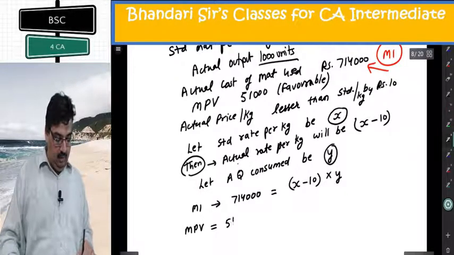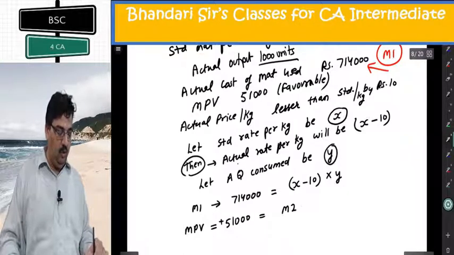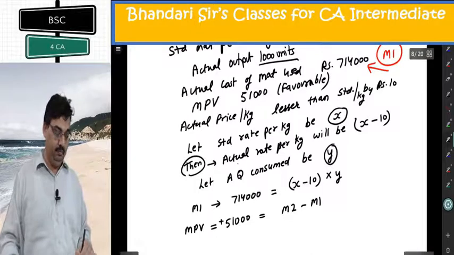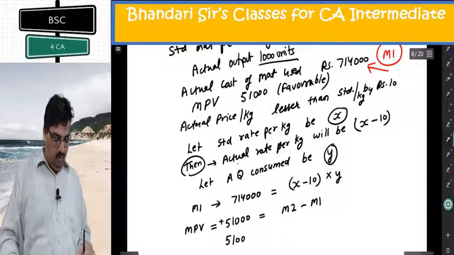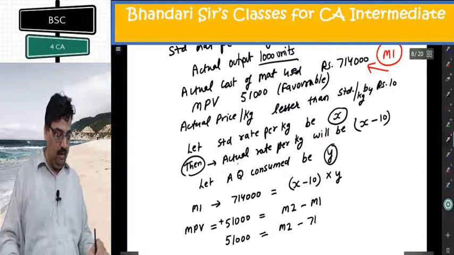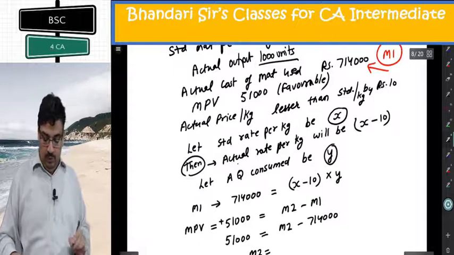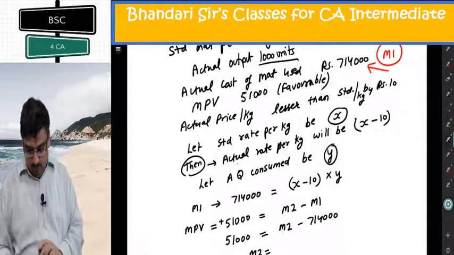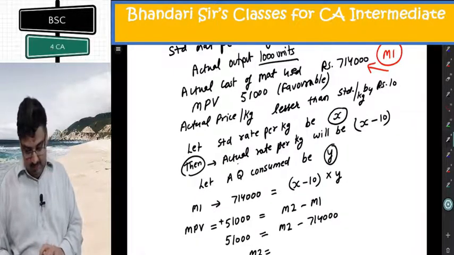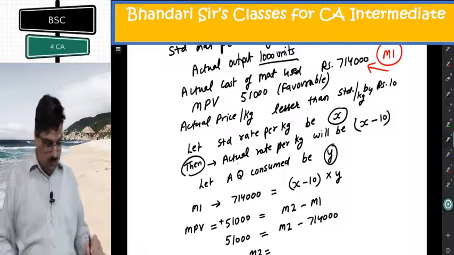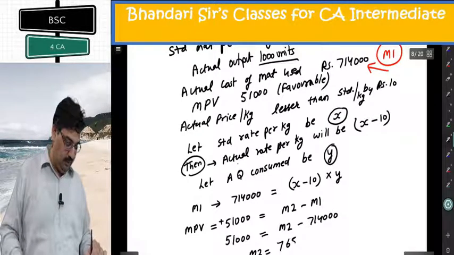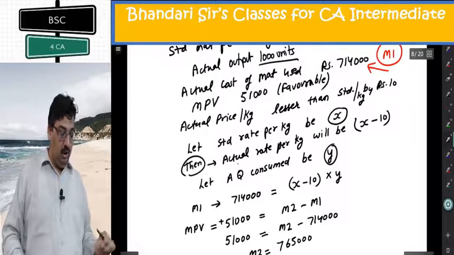MPV equal 51,000 positive is equal to M2 minus M1. 51,000 equal M2 minus 7,14,000. M2 will be 7,14,000 plus 51,000, 7,65,000.